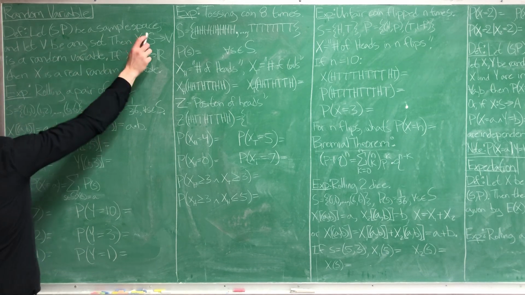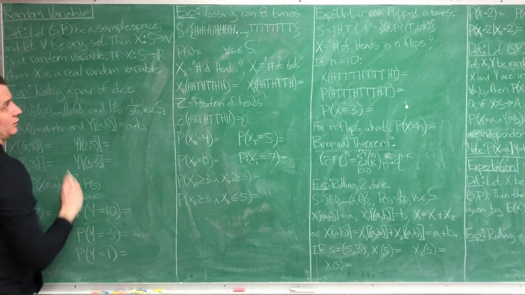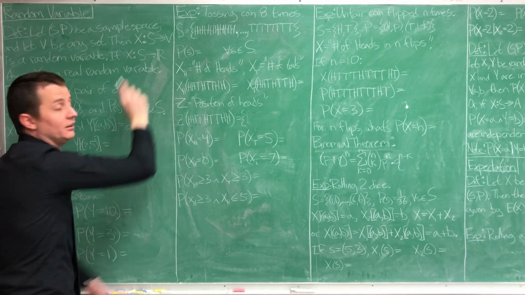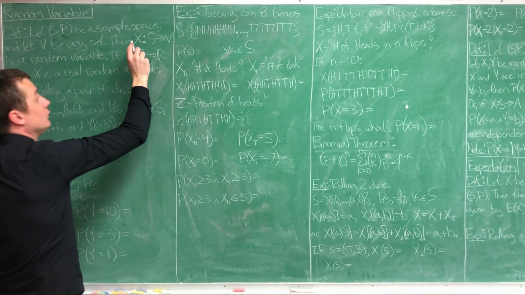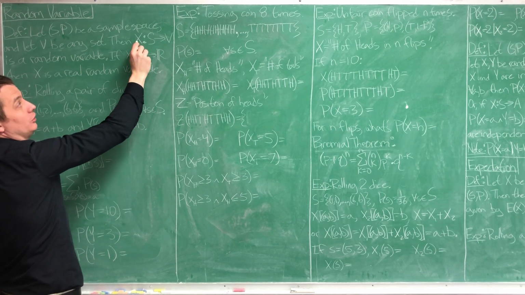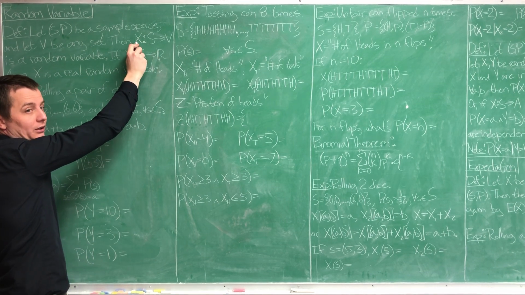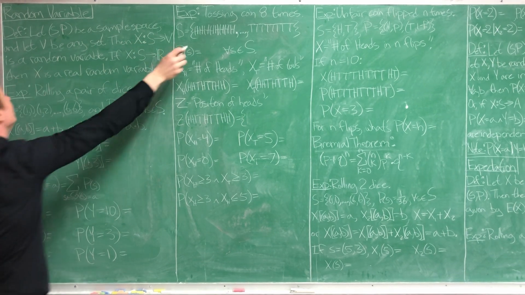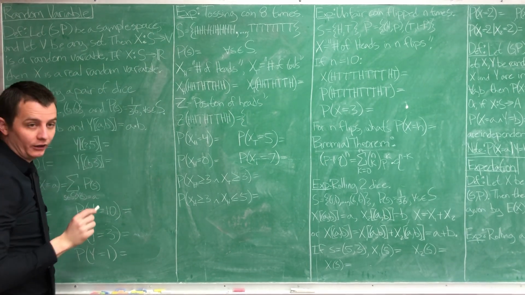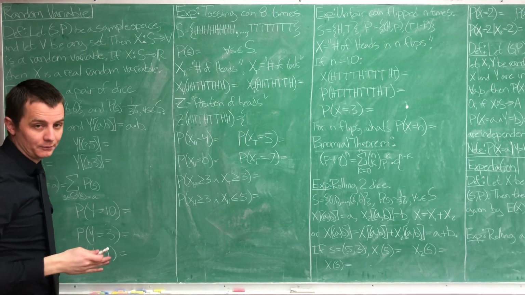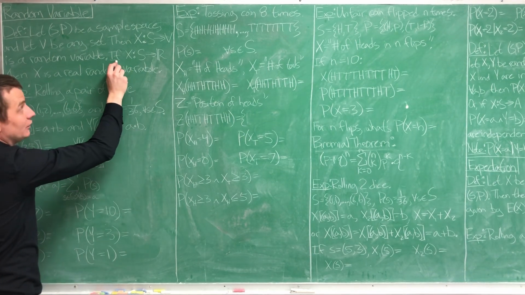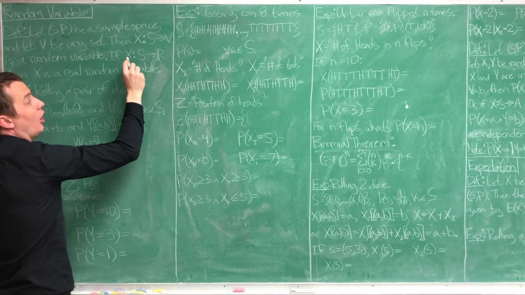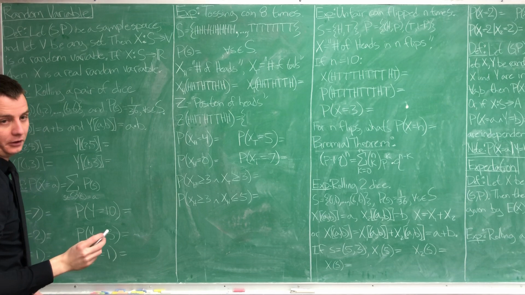So let (S, P) be a sample space and let V be any set. Then a function that maps from S to any set, doesn't matter, a function whose domain is S, we're going to call this function a capital X. Don't get confused by that, not lowercase. A function whose domain is capital S is called a random variable on the sample space. If it just so happens that V is equal to R, the set of real numbers, then we call X a real random variable.